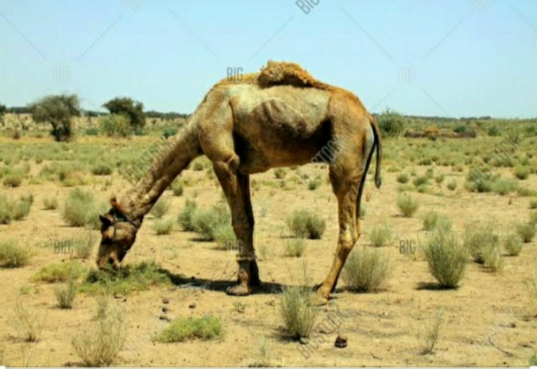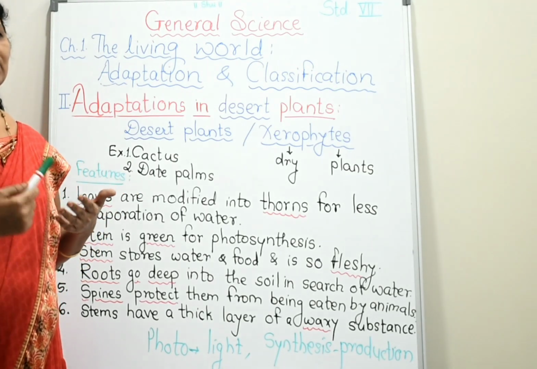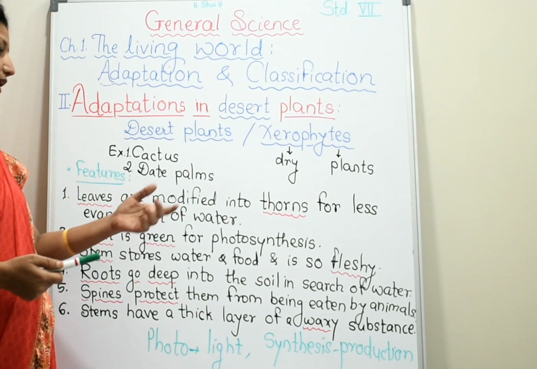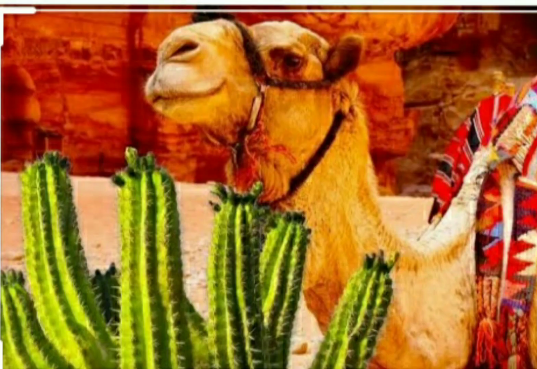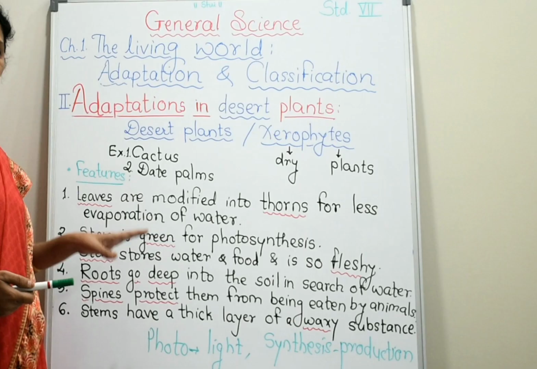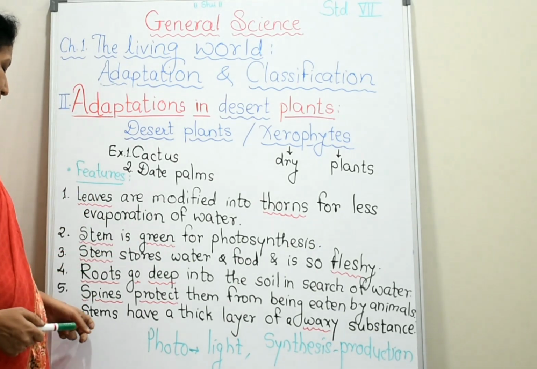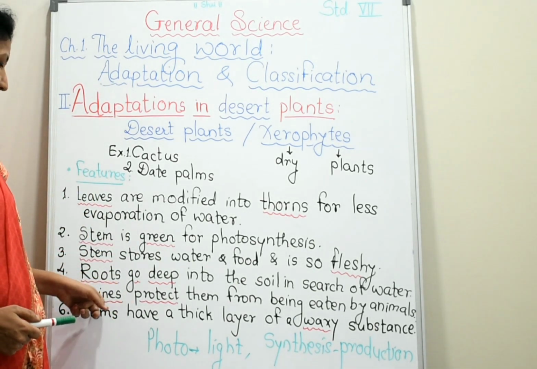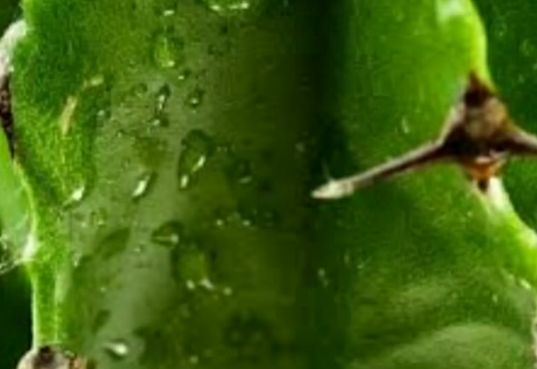Herb means bushes or small plants, and herbivorous animals are the animals that eat small plants. They eat the plants, but because of the spines present on the xerophytes, they cannot eat that cactus or xerophyte plant, and because of that they get protected. So spines are the protective organs for these xerophytes.